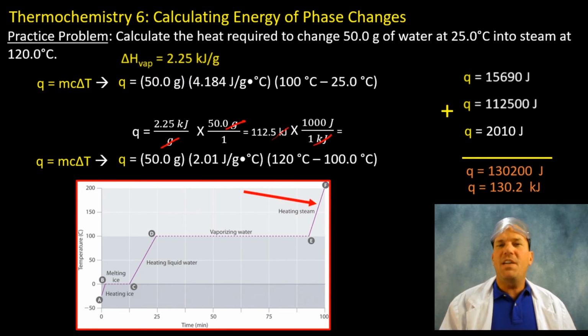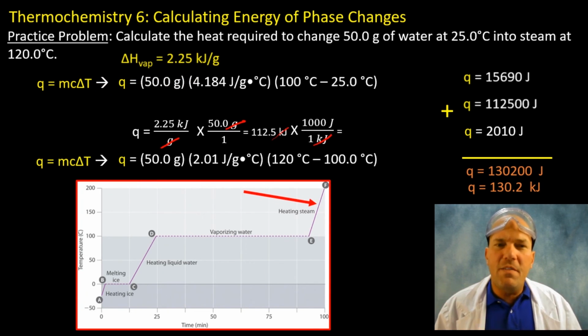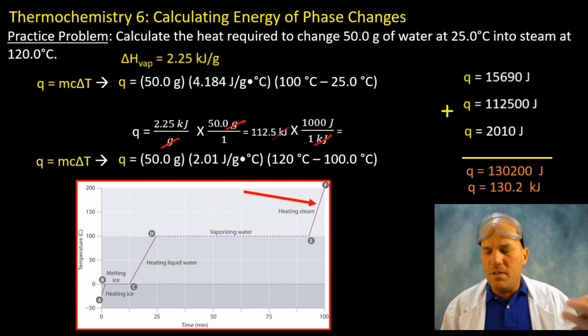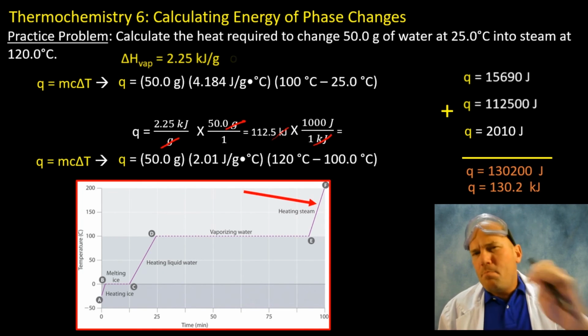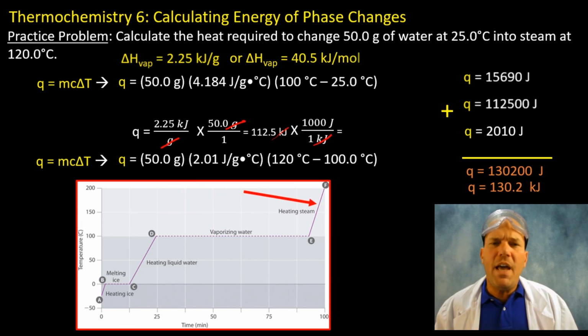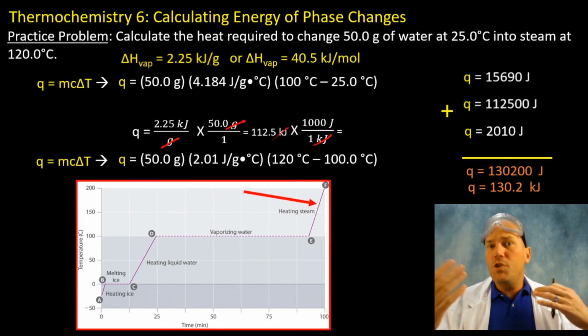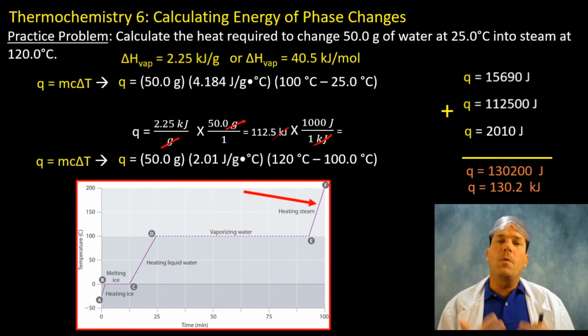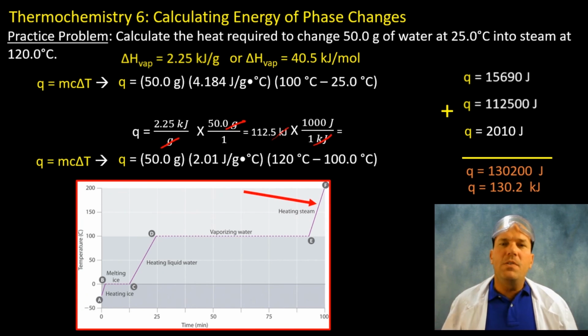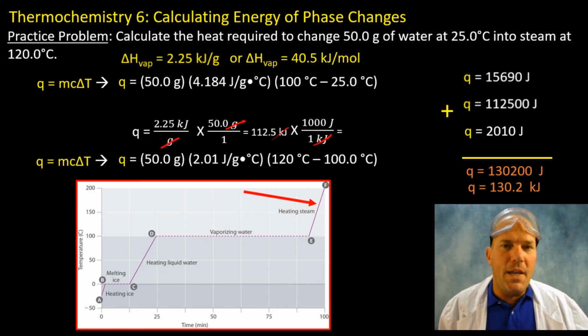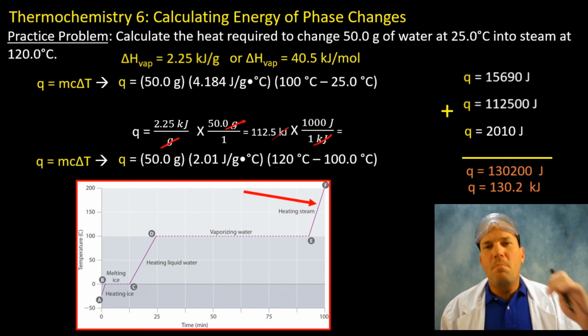Heat of vaporization in this problem was given at 2.25 kilojoules per gram, but also could have been given, or you could have used 40.5 kilojoules per mole by using the molar mass of water to be 18 grams per mole.